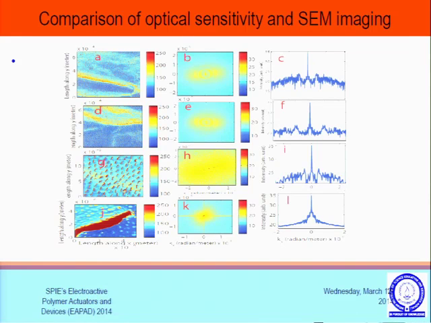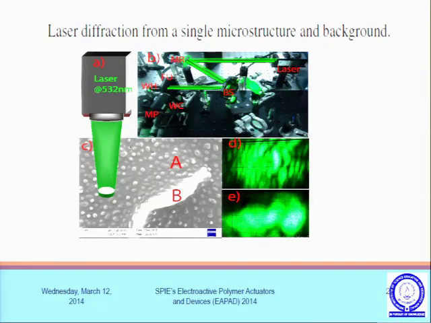In order to ensure that this is not coming from a single microstructure, we did another experiment to probe this diffraction pattern. We focused our laser spot size down to 5 micron. Earlier my laser spot size was on the order of 2 millimeter, but now we tightly focused it to 5 micron, while the microstructure size is on the order of 10 micron.